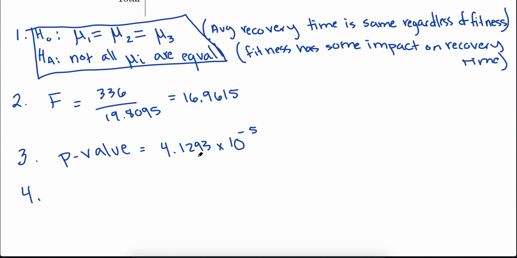Interpret the p-value. That's always in terms of the null hypothesis. So our null hypothesis here is saying average recovery time is not influenced by your prior fitness level. Those means are all the same.